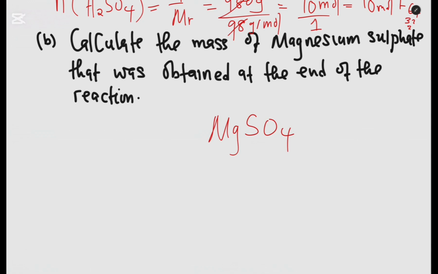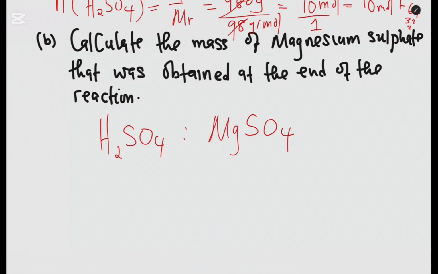So first, before you even calculate this question, you need to determine the limiting reagent. If you find the wrong limiting reagent, it will affect your calculations. The limiting reagent, we found, is sulfuric acid. So you are going to form a ratio of sulfuric acid to magnesium sulfate. In this case, let us use mass to mass.